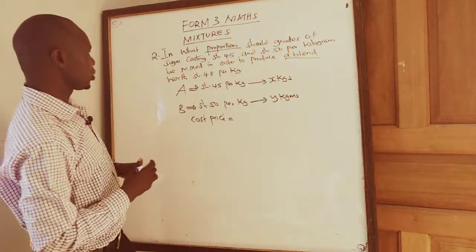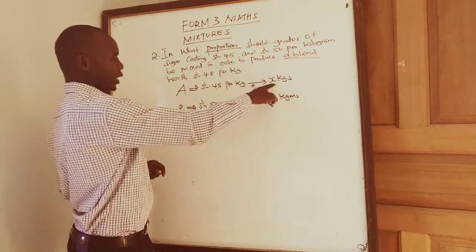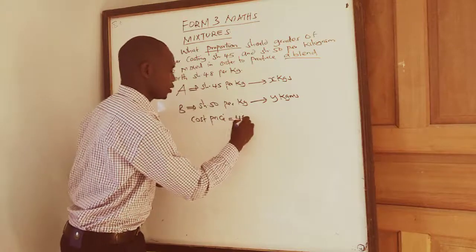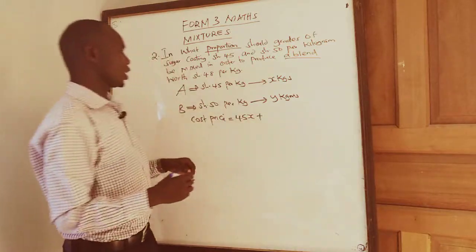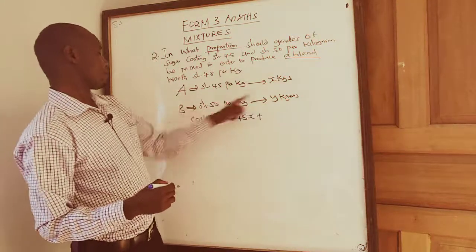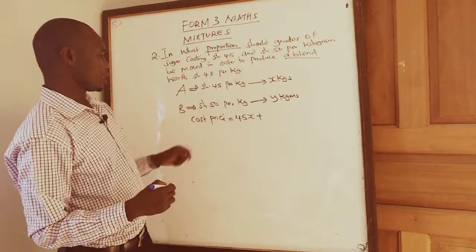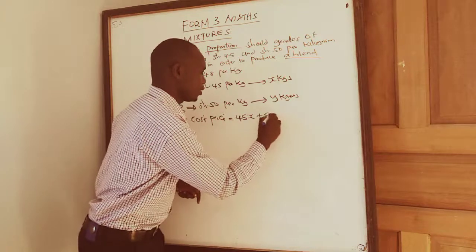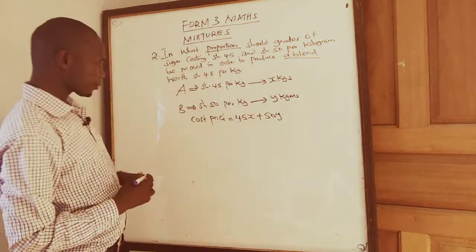So the total cost, that is the cost price, is going to be equal to X kilograms of A times 45, which gives us 45X, plus we bought Y kilograms of B and each was 50, so the total cost for B would be 50 times Y, which gives us 50Y.